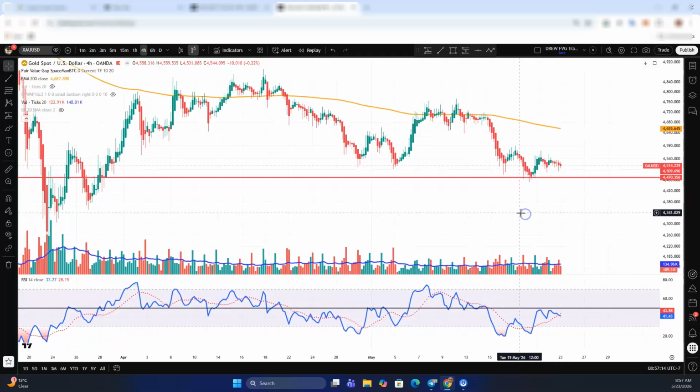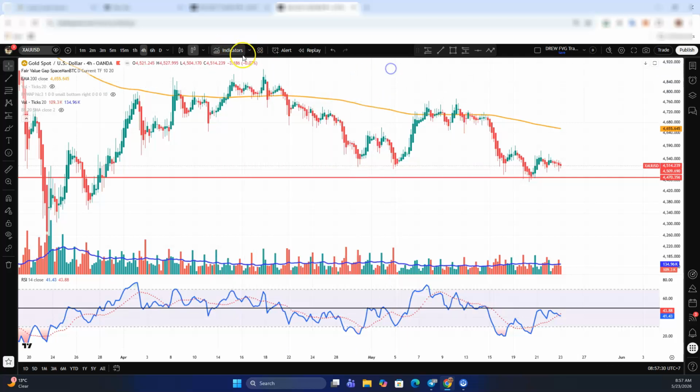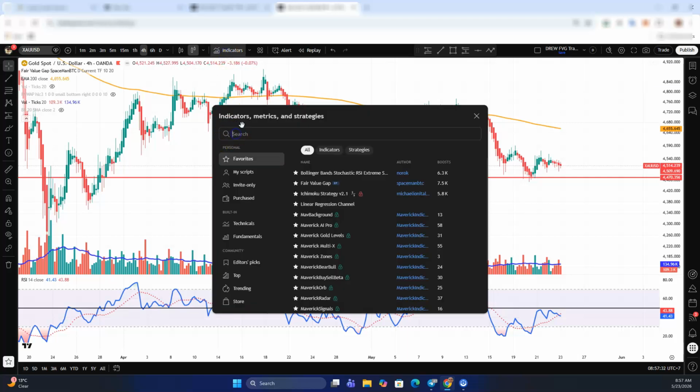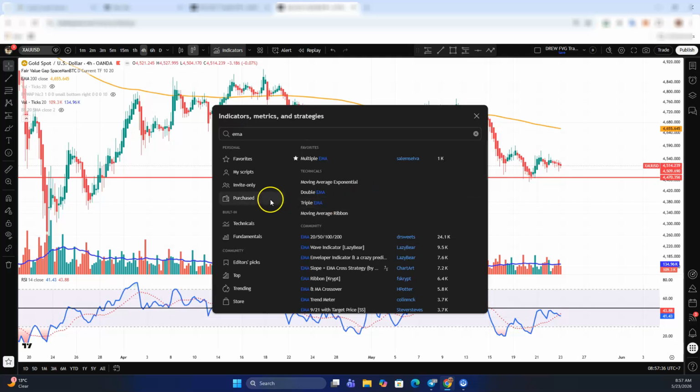Right, so the chart's telling me this is the 200 EMA. Very important, the heartbeat of the market. It's very easy to set up. You go to indicator, and you go EMA, and then you want this one here, moving average exponential.